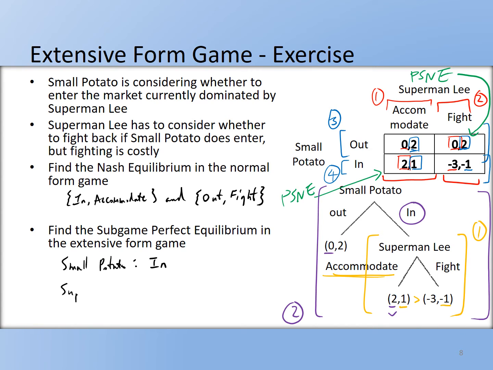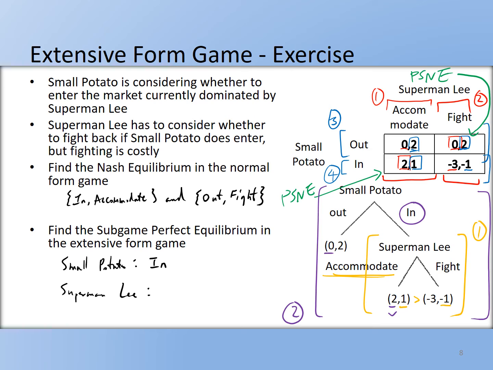So the subgame perfect equilibrium in this case, once again, you have to write out the strategy, is: I'm just going to skip the bracket since the bracket is very hard to draw nicely in here. Small potato is going to come in, whereas supermanly is going to accommodate.